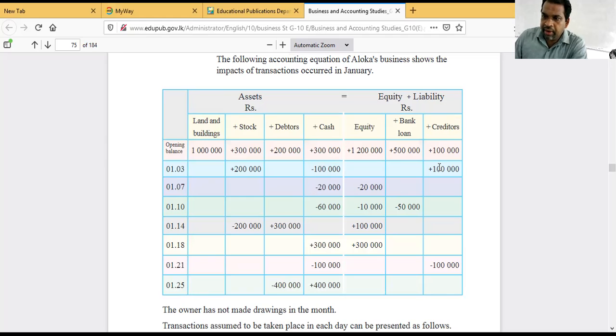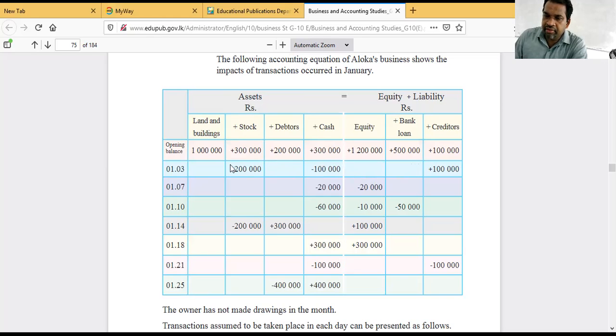If you have purchased goods on credit from your suppliers or creditors, then there can be an increase in creditors. That's why they have put plus 100,000. And also, if there is an increase in stock, then they put a plus value under stock. When you consider the given values, you can easily understand that stock increased by 200,000, cash decreased by 100,000, and creditors increased by another 100,000.